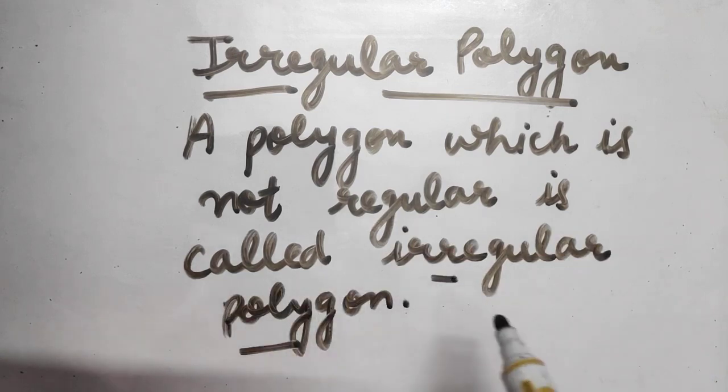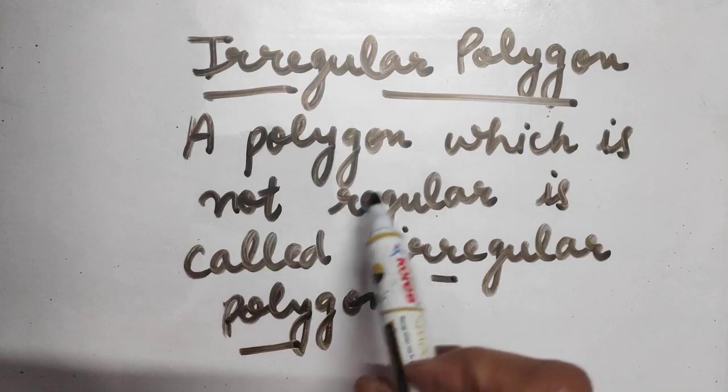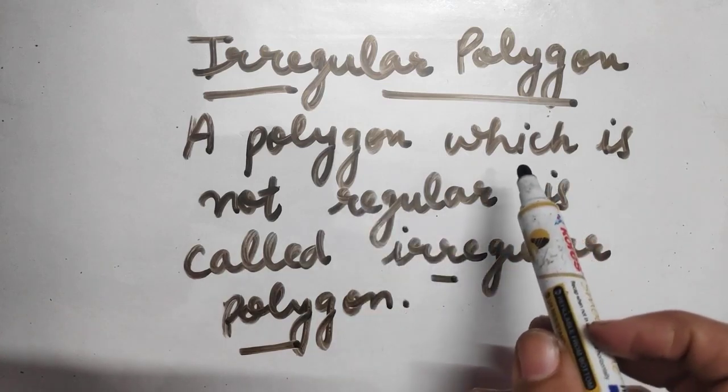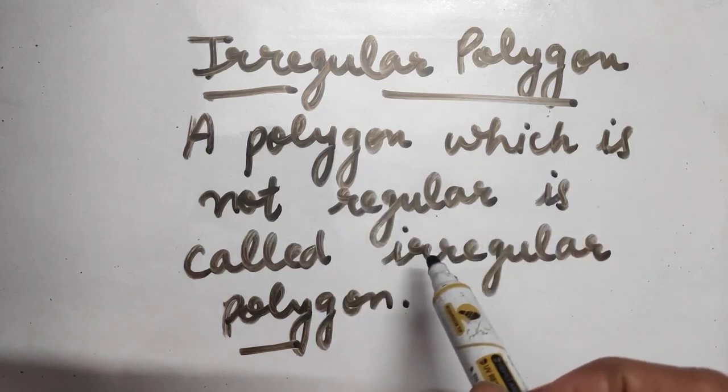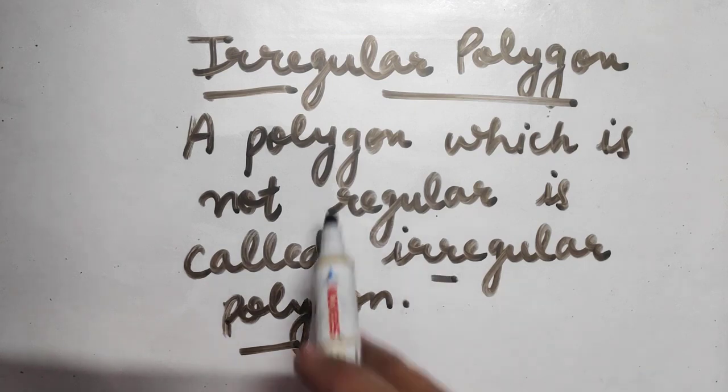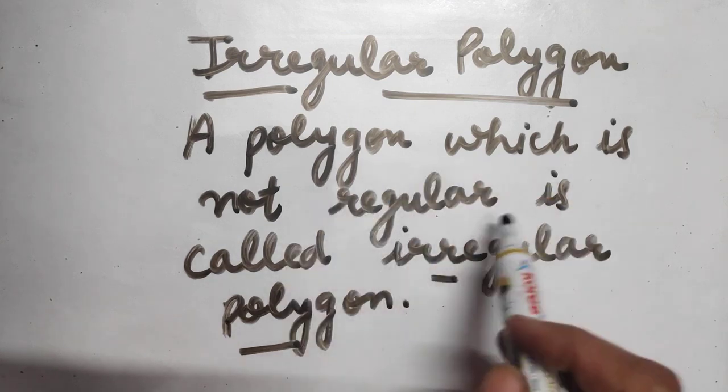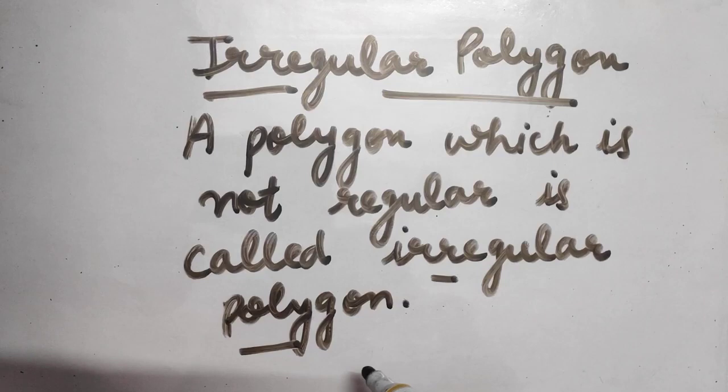It means in irregular polygon, the sides can be of different measurement and angles can also be of different measurement. So a polygon which is not regular is called irregular polygon.